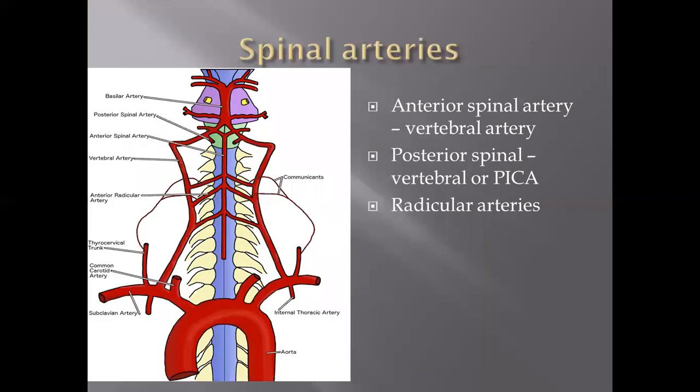Right. So let's now look at the branches that are given off. It gives off spinal arteries, which include the anterior spinal artery, which comes directly from the vertebral artery. You may have the posterior spinal artery, which will actually be 2 in number. They come from either the vertebral artery or PICA, which is the posterior inferior cerebellar artery.